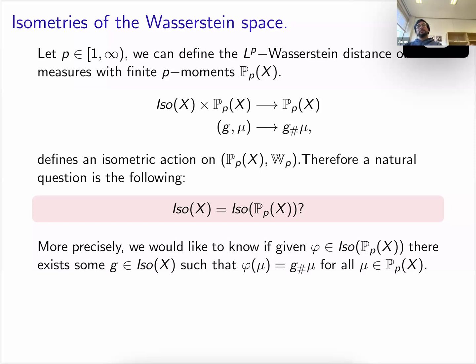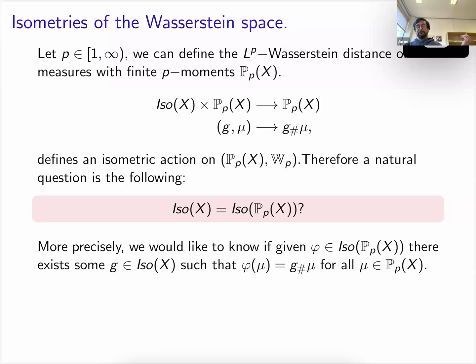More precisely, I would like to know if, given any isometry phi in the Wasserstein space, there exists a corresponding g in the isometry group of X, such that phi at mu is just pushing forward mu with this particular g, for all measures mu in the Wasserstein space. So this is a very natural question.